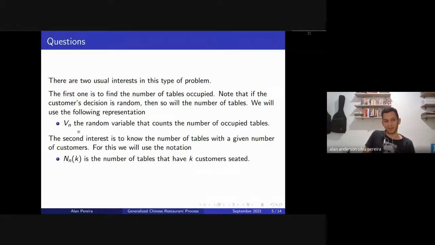So Vn can represent this quantity of companies, and Nk can represent how many companies there are of each size. Okay, how many small companies or how many blue chips there are in the stock market, and so on.